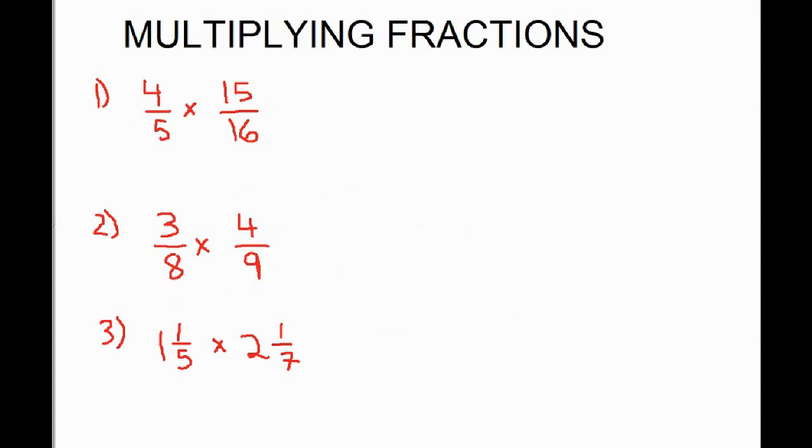With the last one here, you will have to change those to improper fractions. Once you change those to improper fractions, again, look for common factors in numerators and denominators to reduce in the question, and then do the multiplying. If you're able to do that, congratulations, you now have a firm understanding of how to multiply fractions and how to reduce in the question.